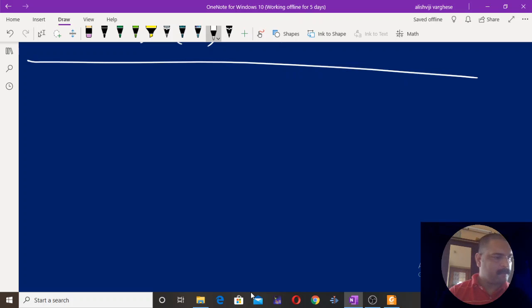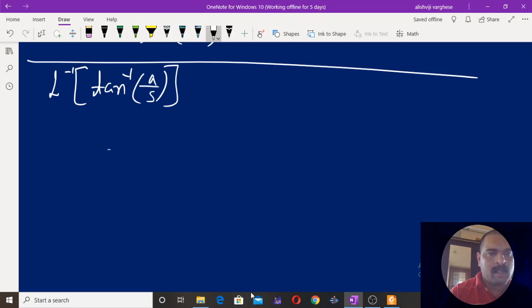Now another problem: let us find the inverse Laplace transform of tan inverse a by s. In this case we take F of s equal to tan inverse a by s.